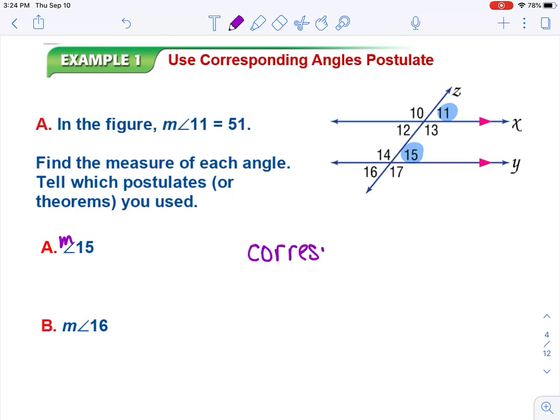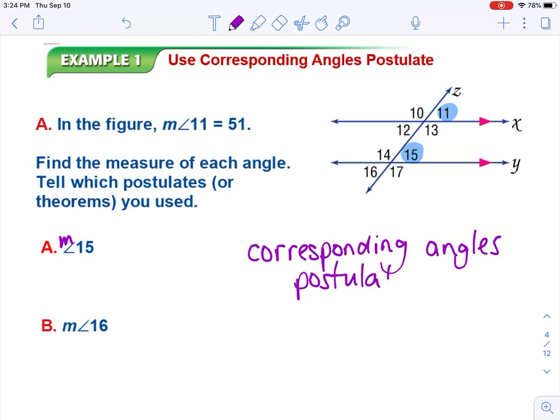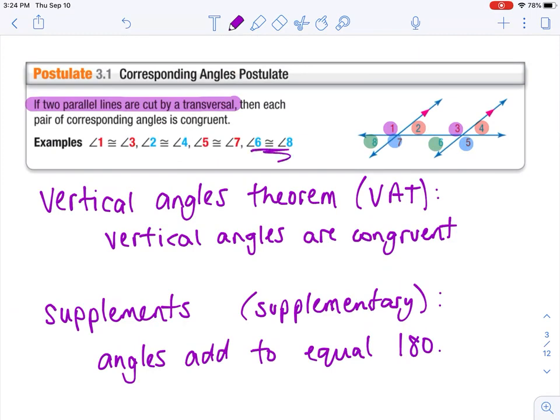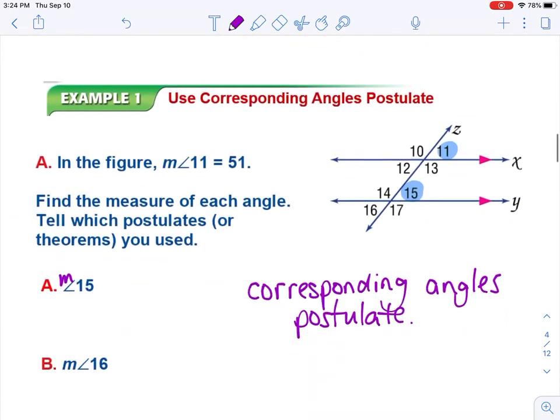Math people are not very creative in coming up with names, so this is simply called the corresponding angles postulate. Okay, and if we look up here, corresponding angles postulate means our corresponding angles are congruent. So the measure of angle 15 is simply 51.